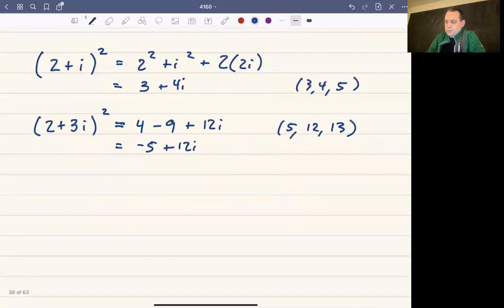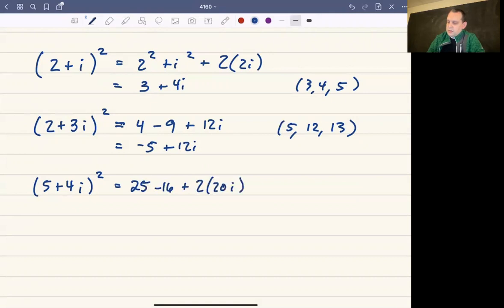And now let's take a number that I haven't thought about before. Let's say 4 plus 5i. And when you square this number, let's see what's going to happen. Let's actually do 5 plus 4i. Doesn't really matter. So 5 plus 4i, you're going to end up with 25 minus 16 plus 2 times 20i. And so that's going to end up being 9 plus 40i.